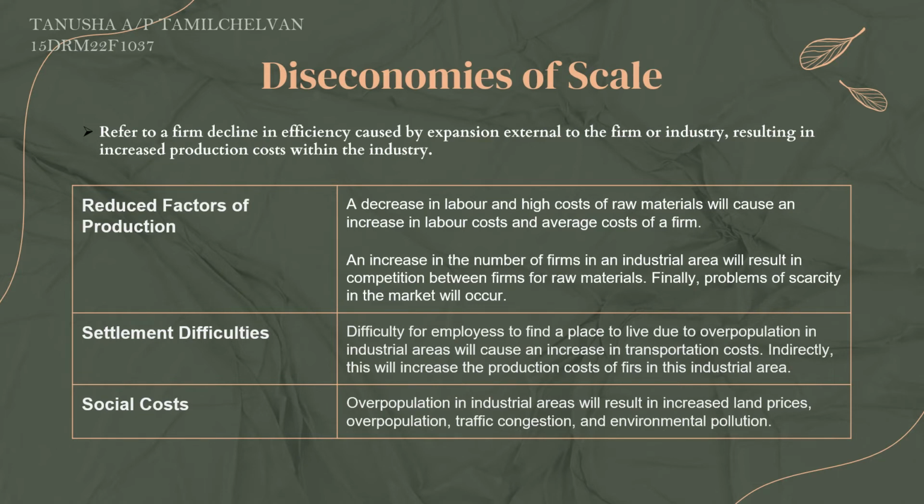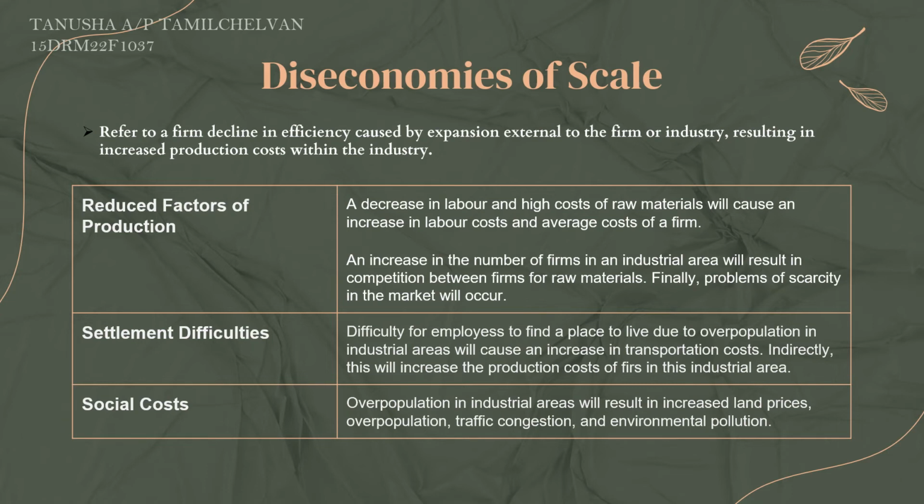A decrease in labor and high cost of raw materials will cause an increase in labor costs and average cost of firms. An increase in the number of firms in an industrial area will result in competition between firms for raw materials.